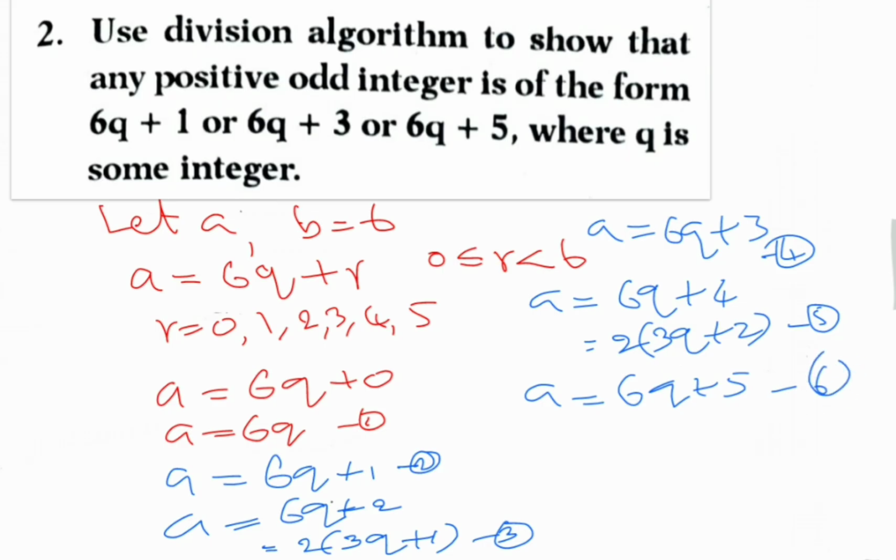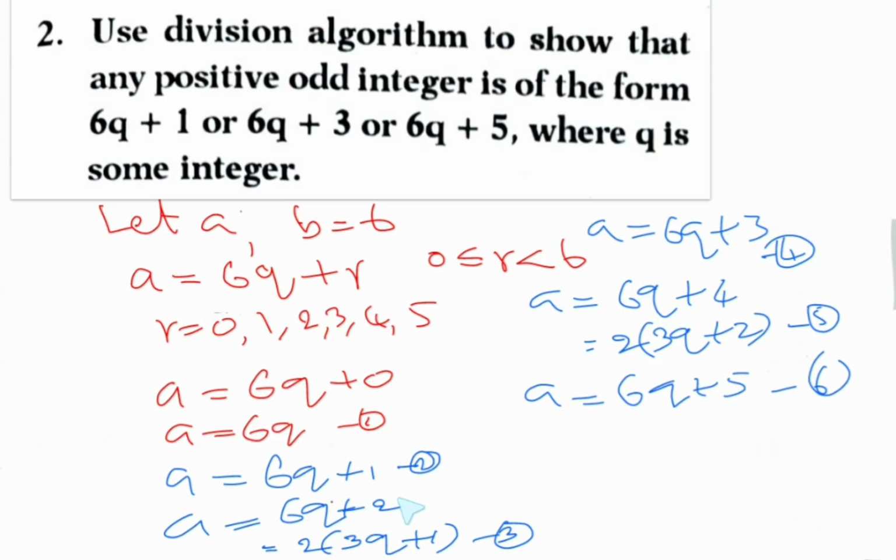Now observe this. The first one, a equal to 6q, is an even number. The second one, 6q plus 1, is an odd number.